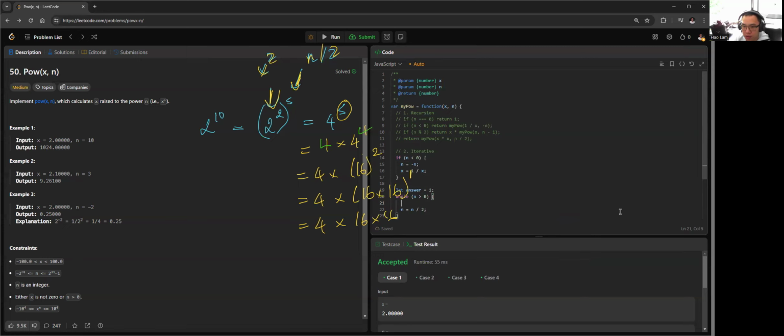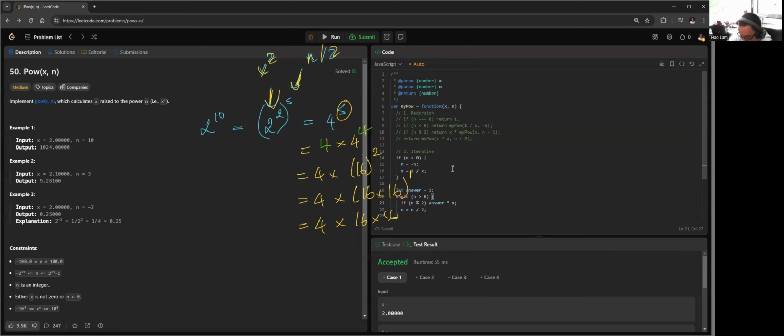If n is odd, then we want to multiply the answer by the base. So the answer is whatever we currently have, multiplied by x, which is the base right here.